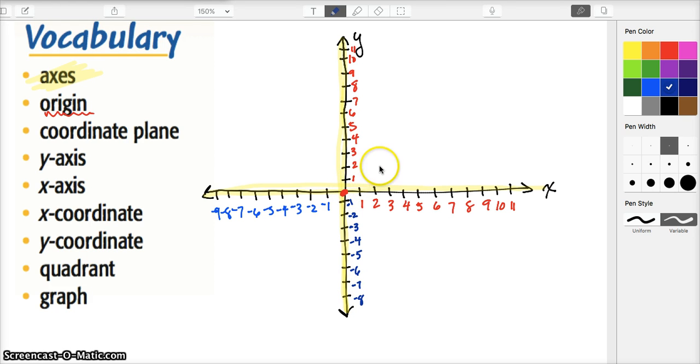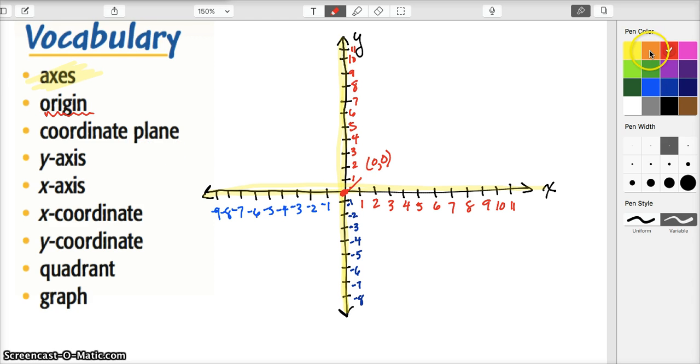So the origin is a location on our graph, and that location has an ordered pair that refers to it being at 0 on the x-axis and 0 on the y-axis. So the origin is located at 0, 0. It's the intersection of the two axes.